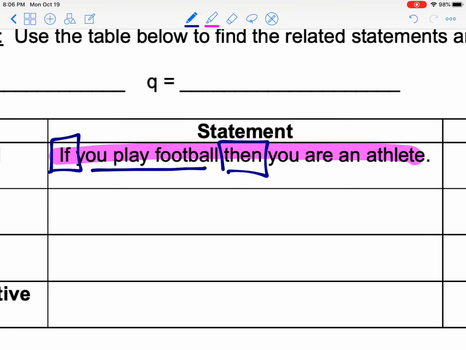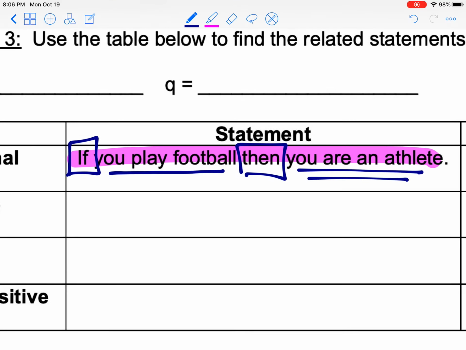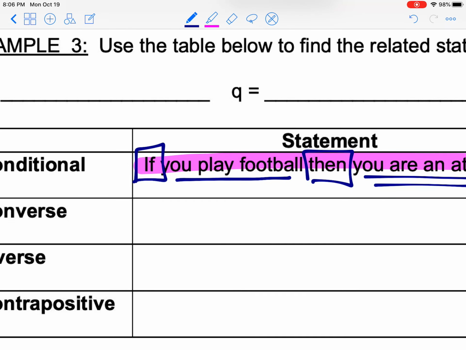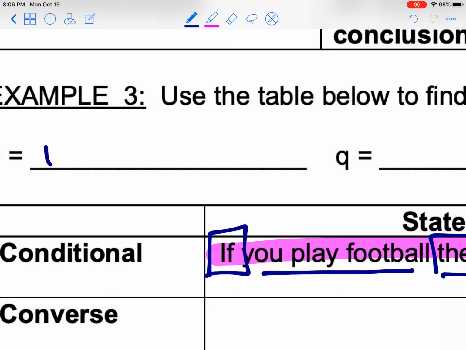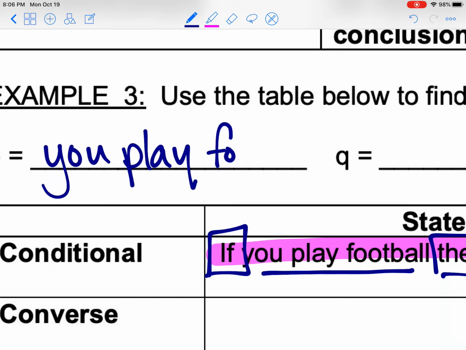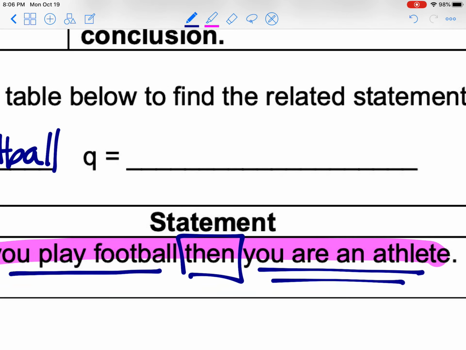The part following the word if is the hypothesis. The part following the word then is the conclusion. So our hypothesis is the P, you play football. The conclusion is the part after the then, the Q, you are an athlete.